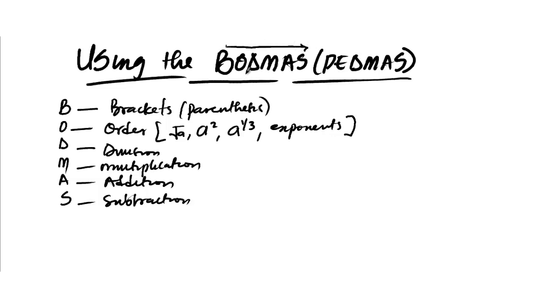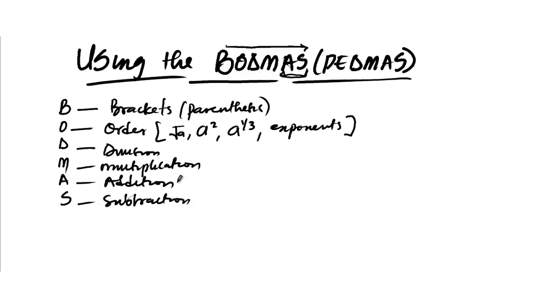Left to the right implies that I'll first prioritize what is inside the bracket, then the exponent or order in this case. Then I prioritize division before multiplication. Then addition before subtraction. Most times we can match addition and subtraction. It doesn't change anything, both of them go together. So that is that about that.